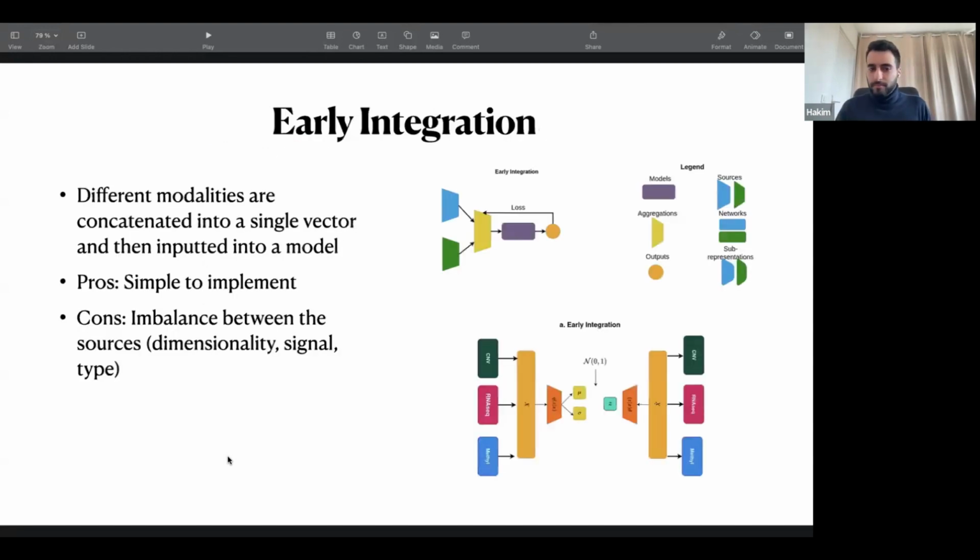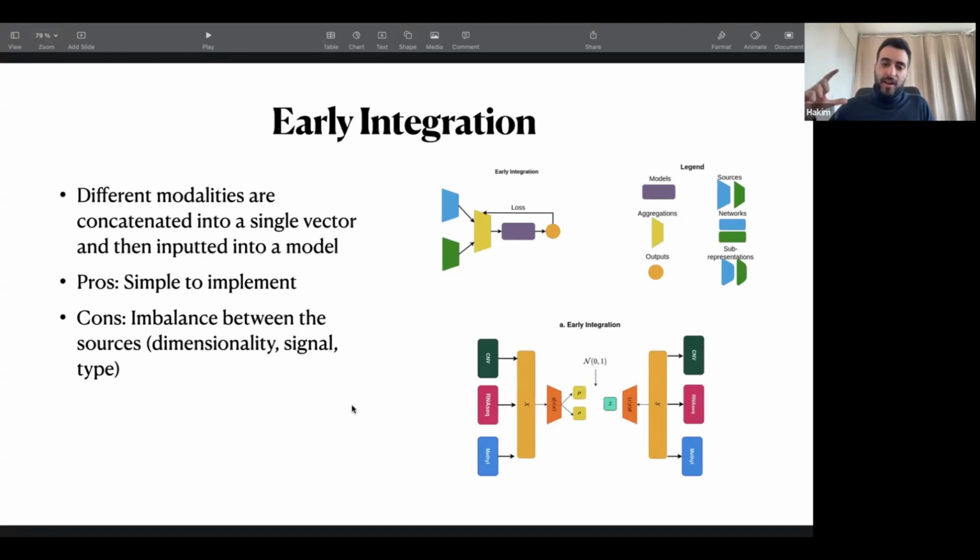For example, early integration is the simplest type of integration, as the integration part is done before even plugging into the model.